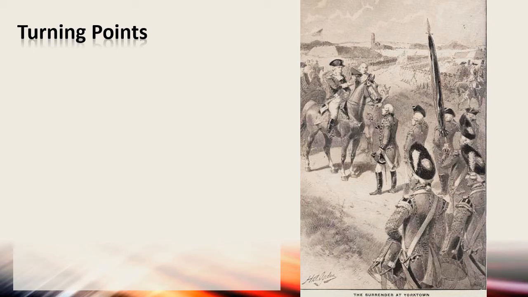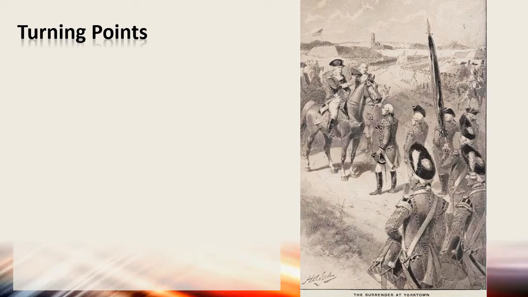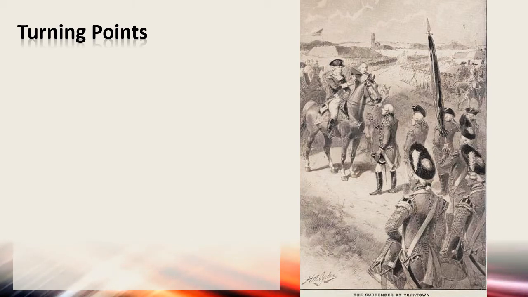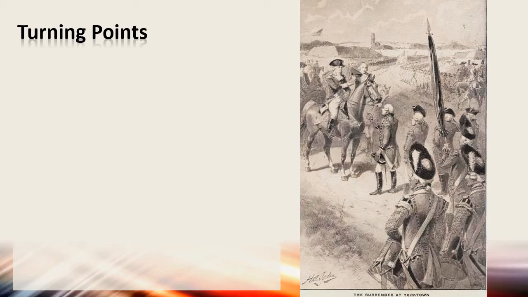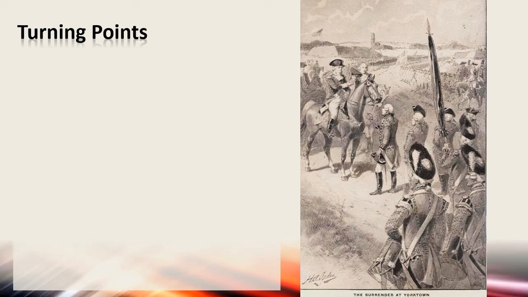We are going to address some of the conflicts during the war, particularly some turning points, meaning times when you can see that the war definitely shifted and it looked like the battle was turning or changing towards either the Americans winning or the British doing better.